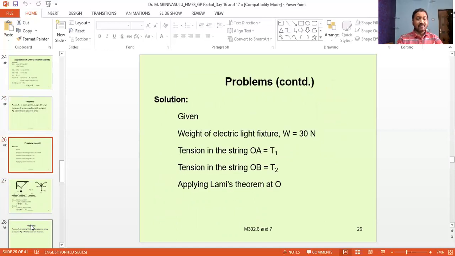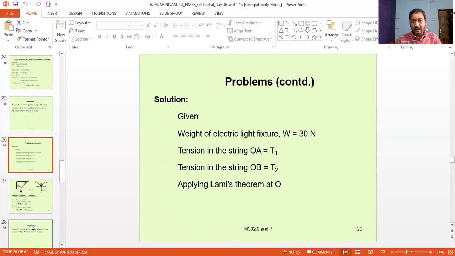Now we'll go to the solution part. Firstly, we have to write down the given data. As per the problem, this is the given data.